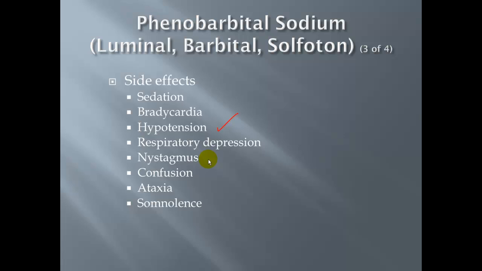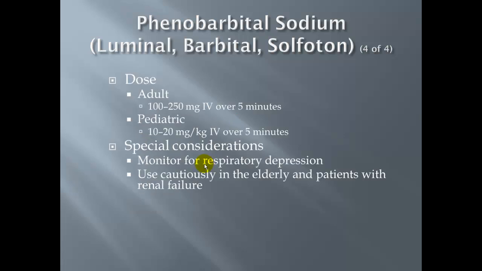Respiratory depression, nystagmus, confusion, ataxia, somnolence. Dosing on the adult: 100 to 250 milligrams IV over 5 minutes. Pediatric: 10 to 20 milligrams per kilogram IV over 5 minutes. Special considerations: monitor for respiratory depression and use cautiously in the elderly and patients with renal failure.